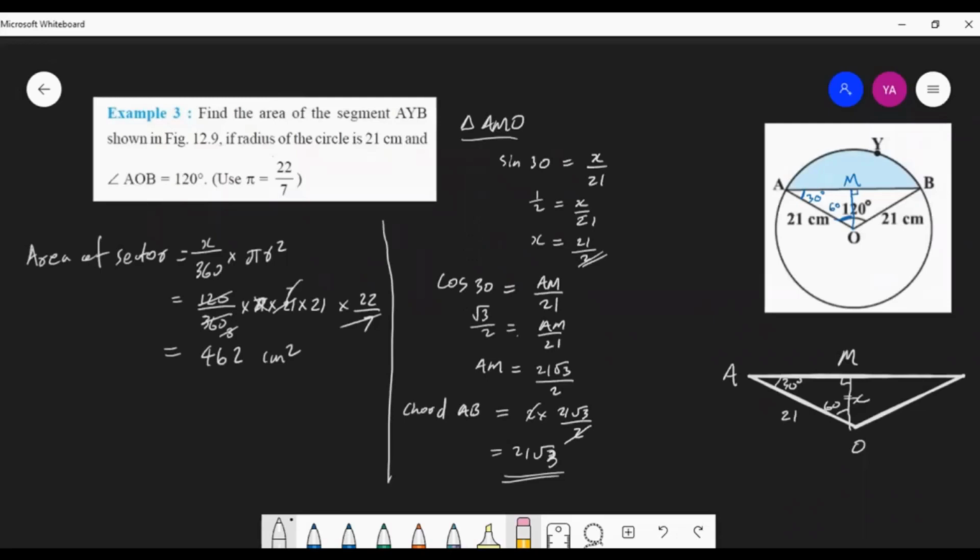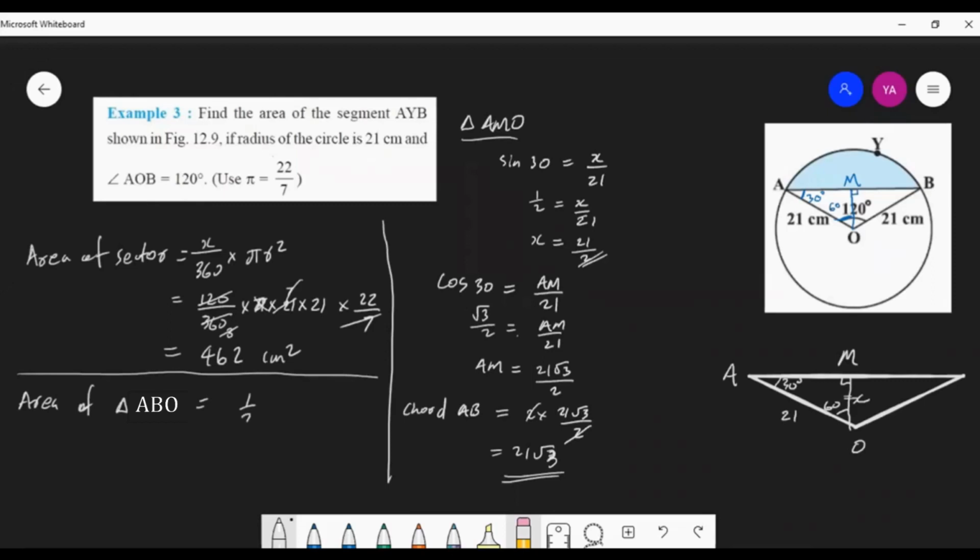So we got the chord AB and OM, the height. We can take the base as AB of this triangle AOB, and the height is OM. So we can find the area of the triangle. Area is half into base into height.